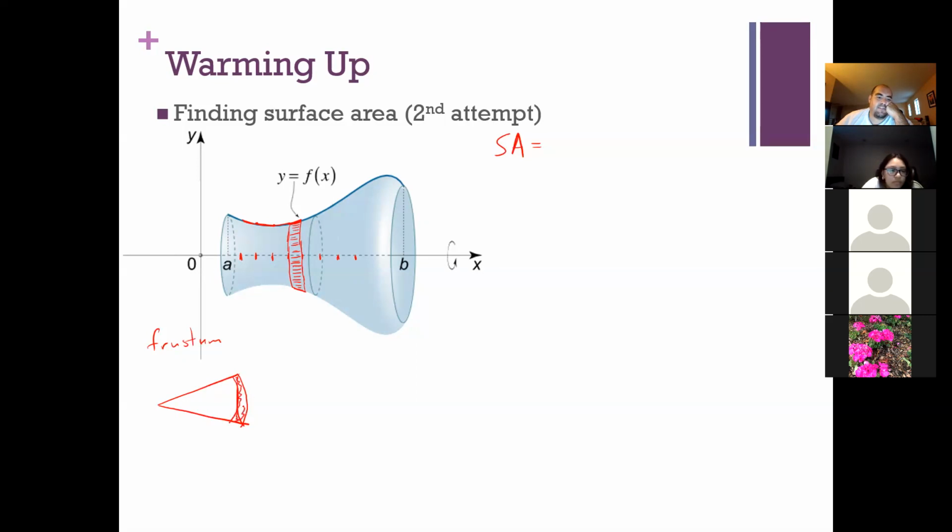And that's what a frustum is. You take a cone and make a cut that's parallel to the base. So basically you have two circular bases of different sizes and some height. In this case, the height is going to be dx.